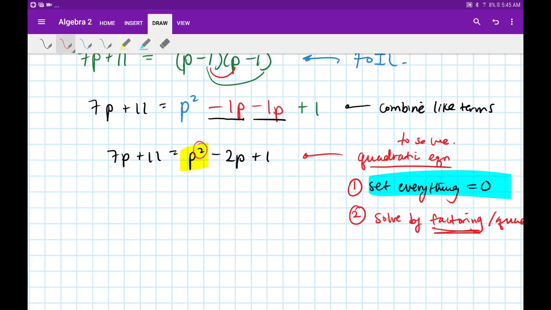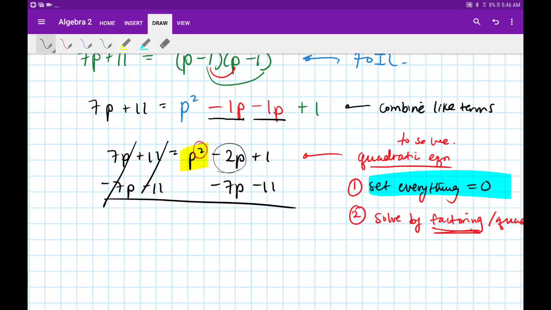So I'm going to go ahead and bring these terms over to my right side. So I'm going to minus 7p and minus 11 on both sides. I have to align them carefully. Minus 7p lines up with minus 2p. And minus 11 lines up with the 1. So on the left, these all cancel. And I'm left with p squared minus 9p minus 10 equal to 0.